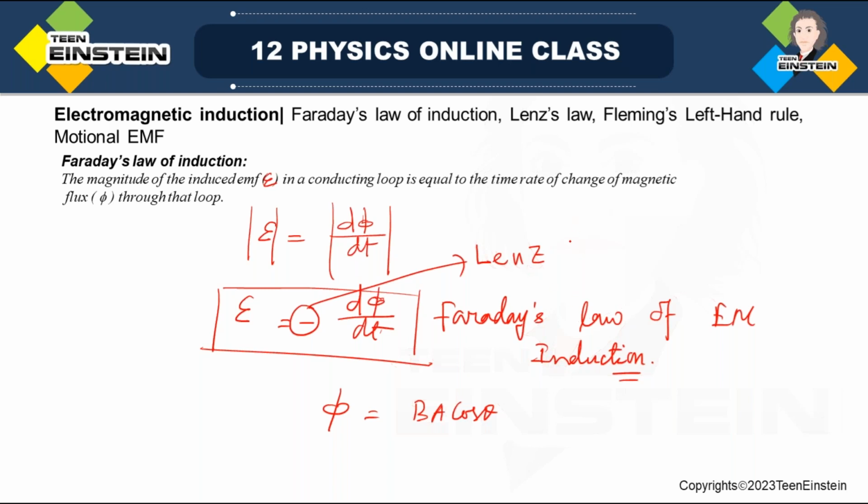It indicates the direction of the induced EMF or induced current. So the minus sign indicates the direction of the induced EMF.